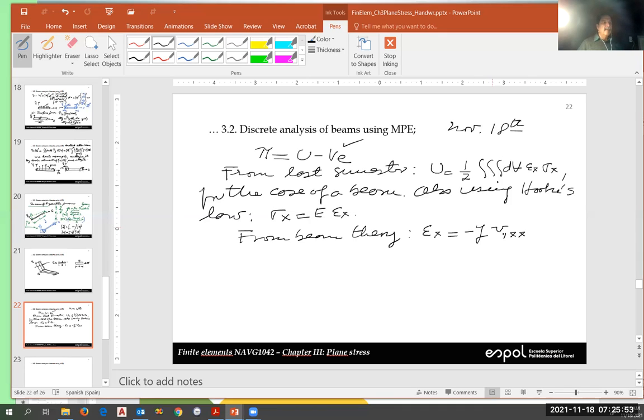Now we're going to take the finite element approximation, and in this case we're going to work in the local reference system. This is an approximation because we're assuming that inside the element, the distribution of the displacement is cubic.